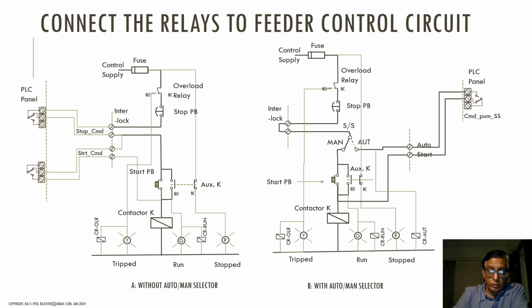Whenever it is moved, this relay will pick up. On the command side, as discussed, we need only one command. In this case, this is a continuous signal. As long as the start command remains closed, the potential free NO contact remains closed, the contactor will remain picked up.